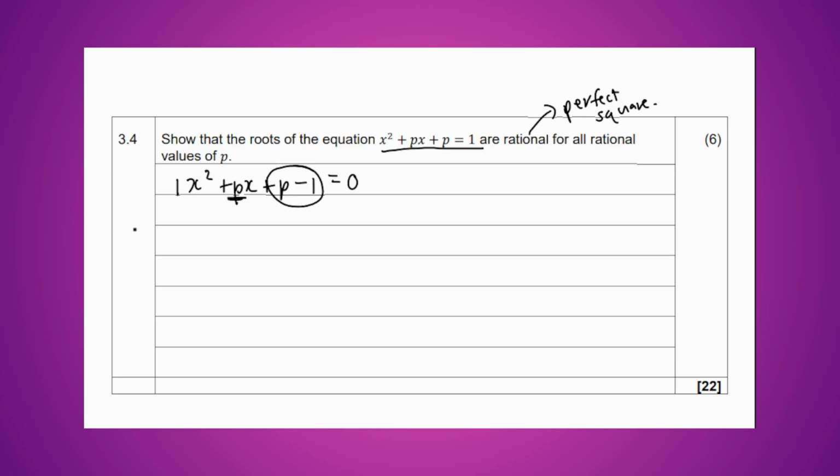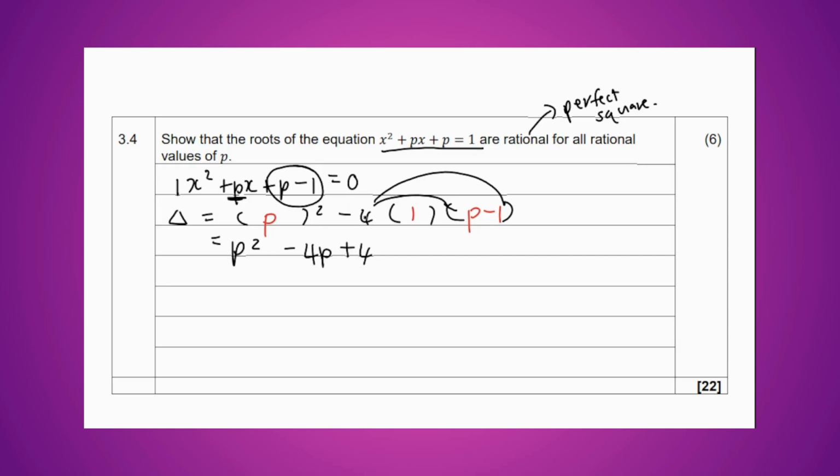So when you go substitute into delta, remember that. So we have p squared minus 4 times 1 times p minus 1. So it's negative 4p plus 4. And then when you go factorize this, you'll see it's 2 of the same brackets.